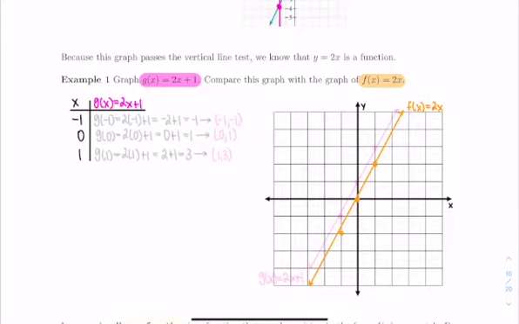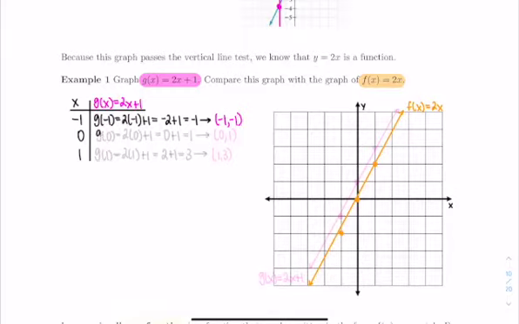So g of negative 1 is 2 times negative 1 plus 1. Well, 2 times negative 1 is negative 2, and negative 2 plus 1 is negative 1. That means we get the point negative 1, negative 1.